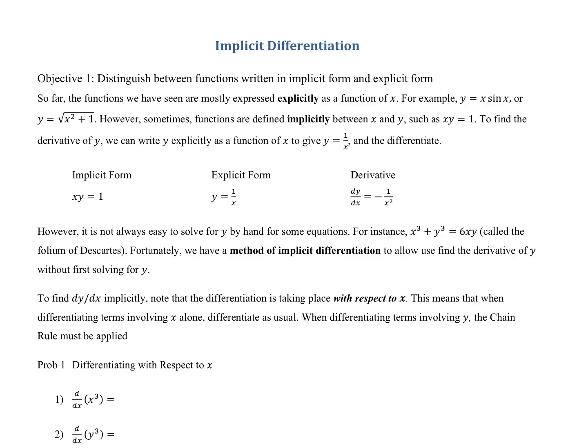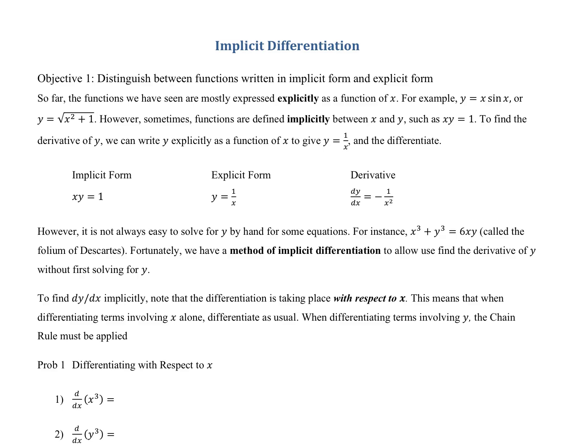Even after solving for y, it is more difficult to find its derivative because it is oftentimes pretty complicated looking. Fortunately, we have a method of implicit differentiation. It allows us to find the derivative of y without first solving for y.